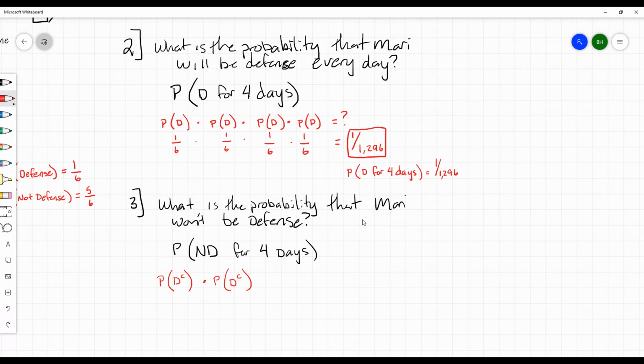And if you remember from before, I actually set up our probability looking at specifically this, but instead I noted it as the probability of us not getting the defense. So all of these ways are the exact same way of looking at the situation. It's just different notation that means the same thing.